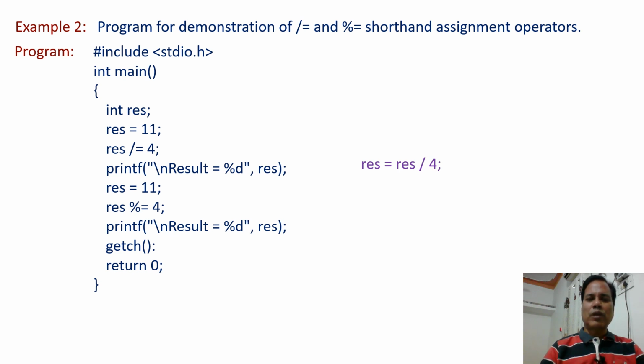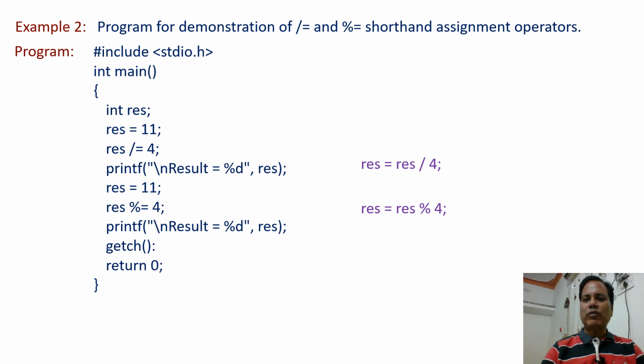and the next statement is race modulo equal to 4. This percentage sign, called the modulus operator, is used to find the remainder when an integer number is divided by another integer number. So the meaning of this shorthand is the same as race equal to race modulo 4.